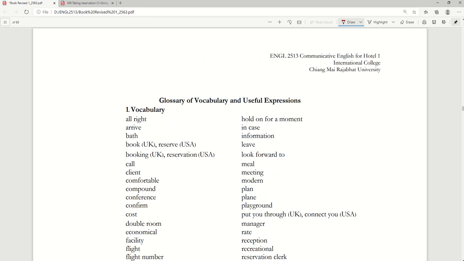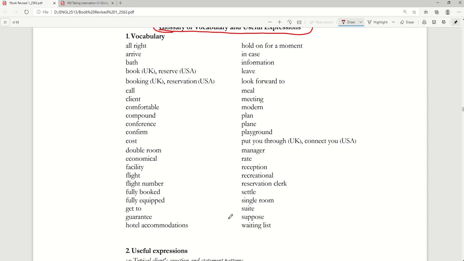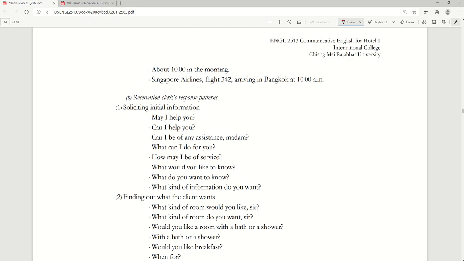From page 32, 34, at the end of the unit: glossary of vocabulary, useful expressions, expression for client, and expression for clerk, reservation clerks or receptionist, operator or staff.